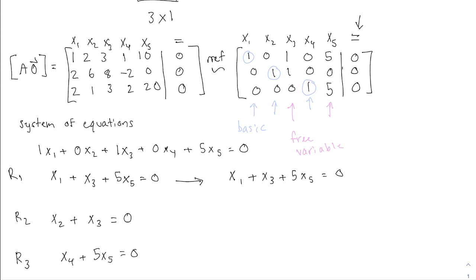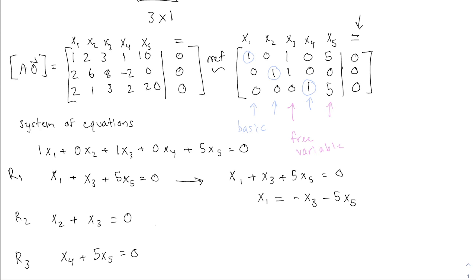The only basic variable we can find here is x1. It's one of our pivots, and the other two are free variables. So let's solve for it. How would we typically do this algebraically? Well, I would subtract x3 and x5 over to the other side. So we're left with x1 is equal to negative x3 minus 5x5.